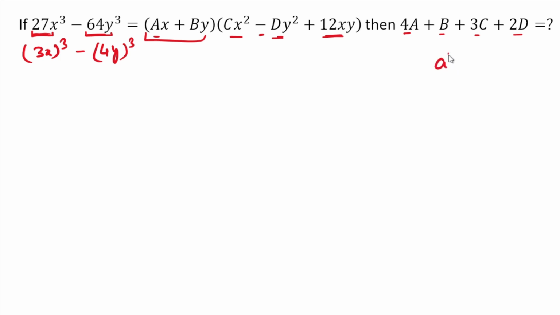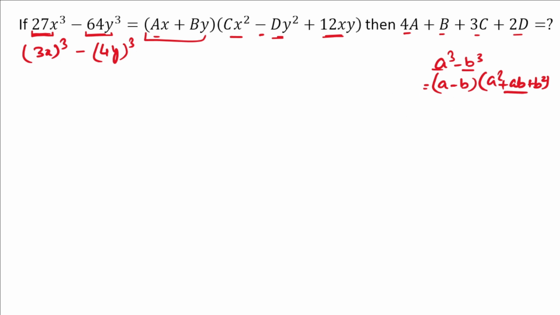We know the formula of a cube minus b cube is (a minus b) multiplied by (a square plus ab plus b square).